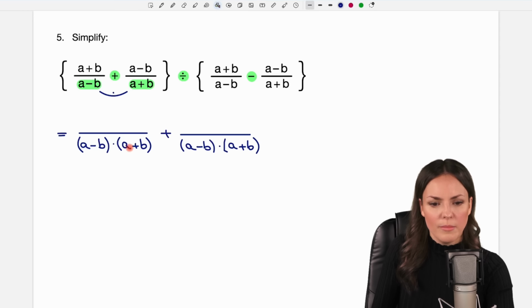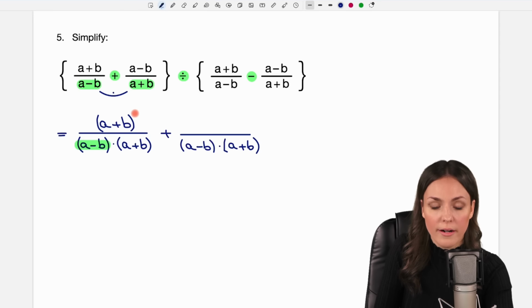Okay, we have a common denominator now, but now we have to rename the fractions because we changed the first one, right? We had a minus b here, but we multiplied by this part here, so we have to multiply the numerator by this as well. We had a plus b, now we multiply it by a plus b, so we get a plus b squared.